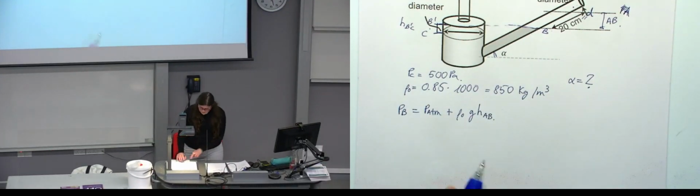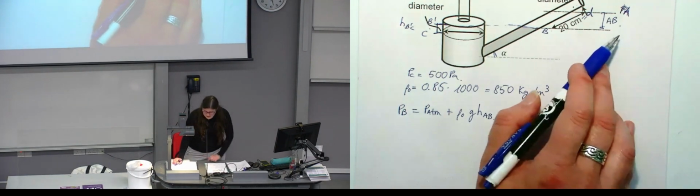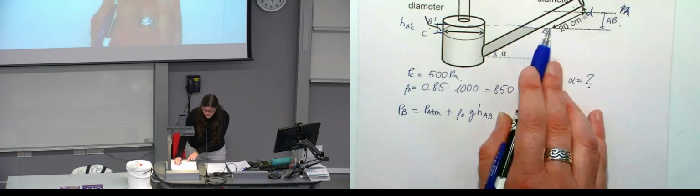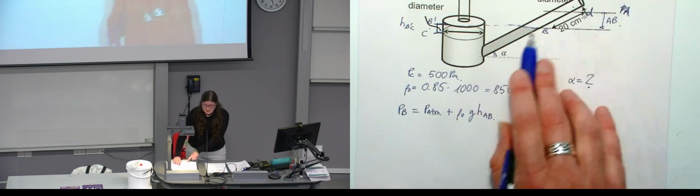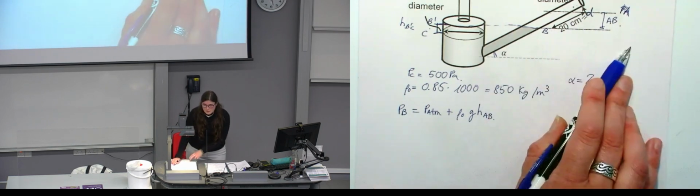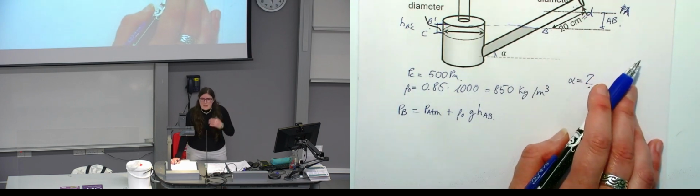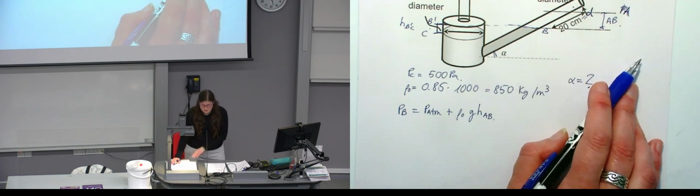In this case, HAB is not d, because that is diagonal, and we only want the distance in the vertical direction.